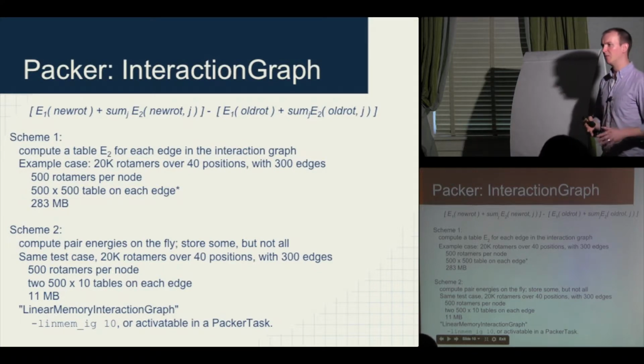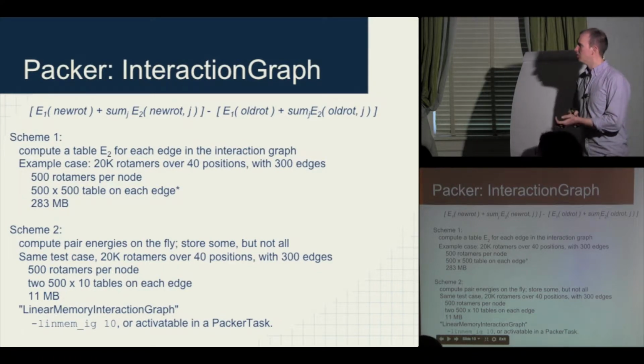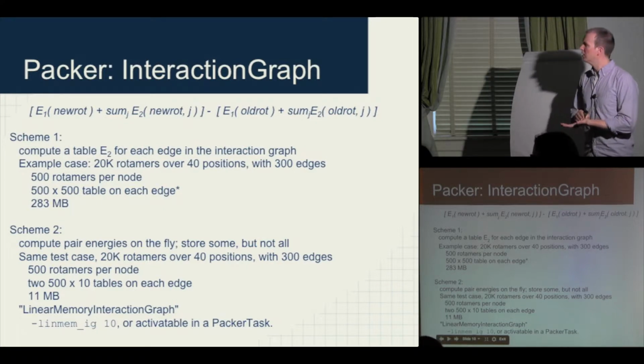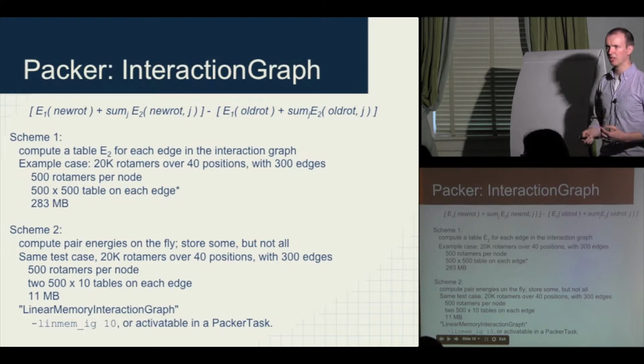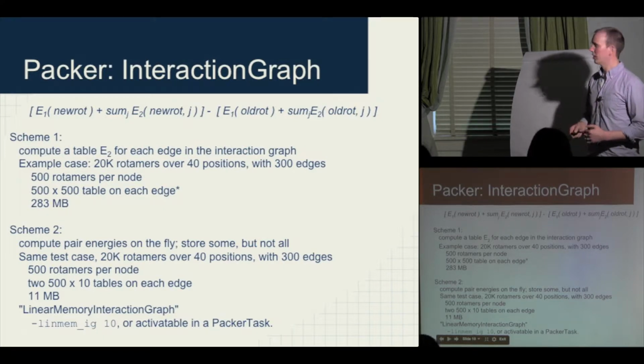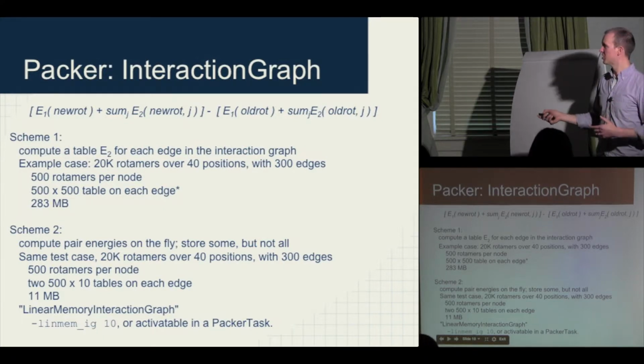Okay. Some other details of the packer. One is that this is the central computation, this delta E computation, in this standard scheme where you have this table E2 for each edge in the interaction graph.